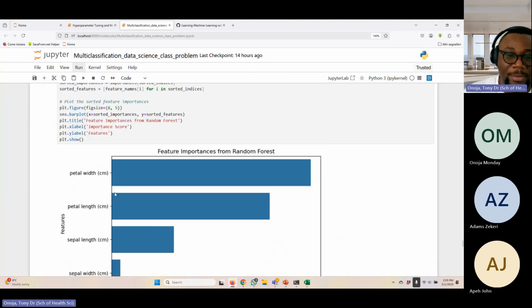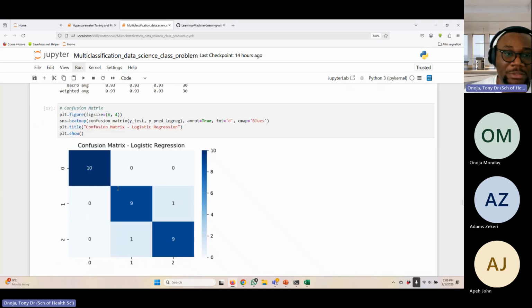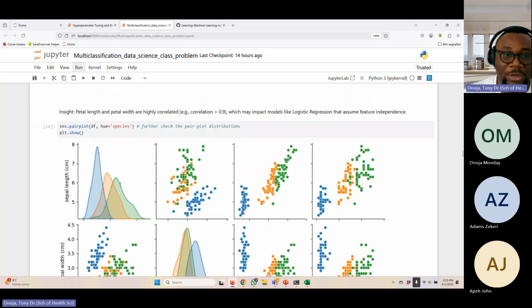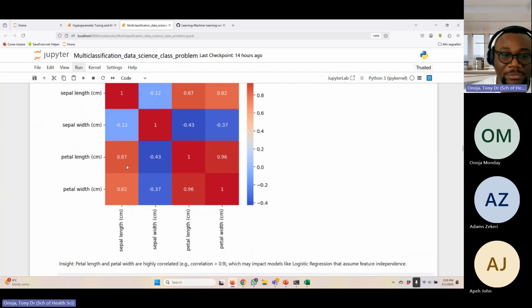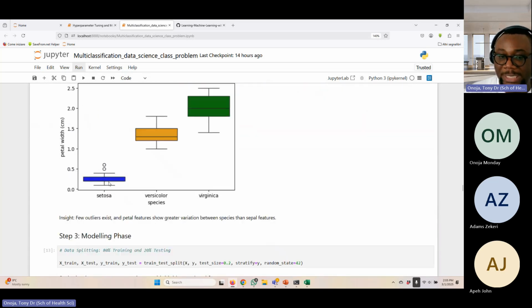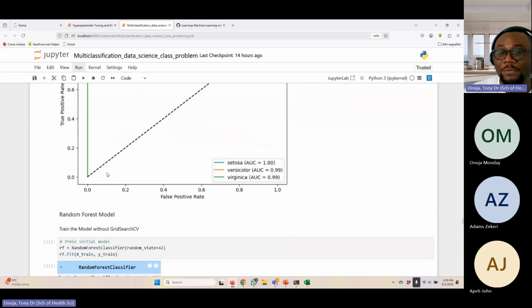And I think you could agree with me that these were the features that were competing among themselves. The petal length and petal width were competing among themselves. But because we standardize, they also seem to have a very good.